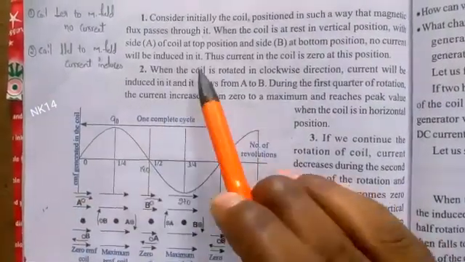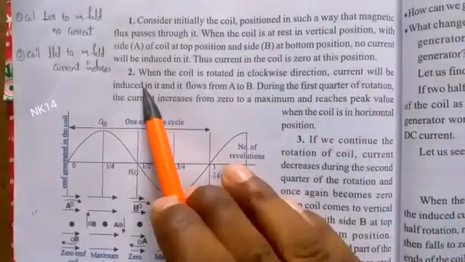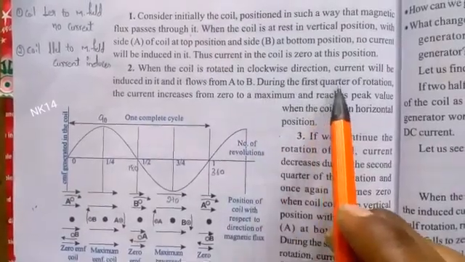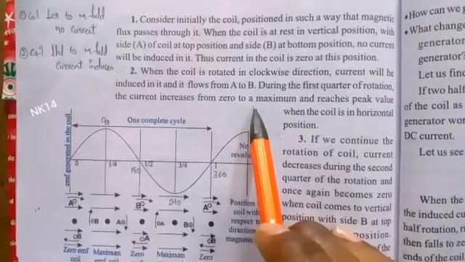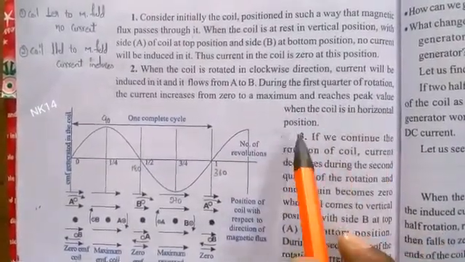Next, coming to the second point, when the coil is rotated in the clockwise direction, current will be induced in it and it flows from A to B. During the first quarter of the rotation, the current increases from 0 to a maximum and reaches peak value when the coil is in horizontal position.